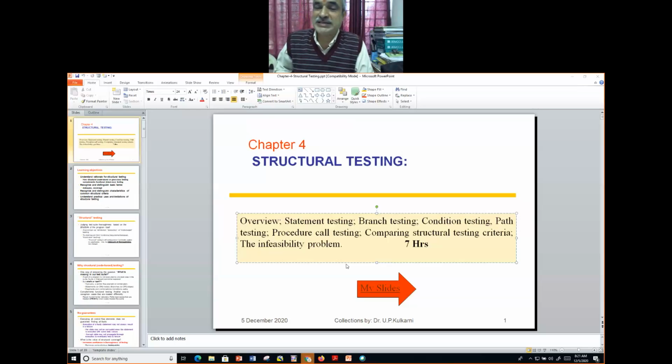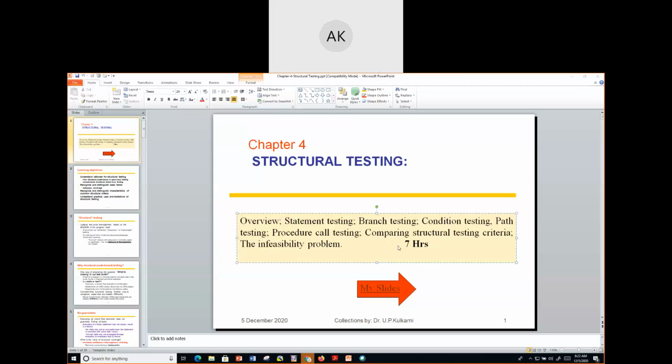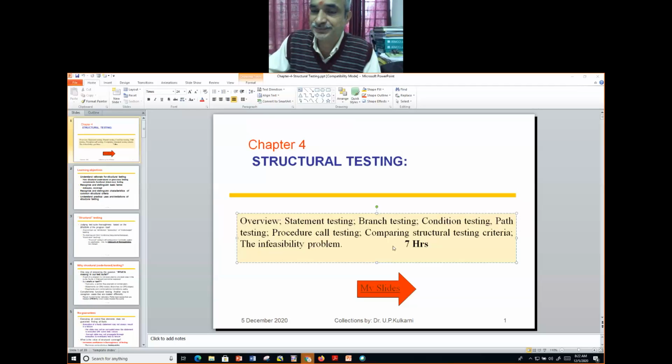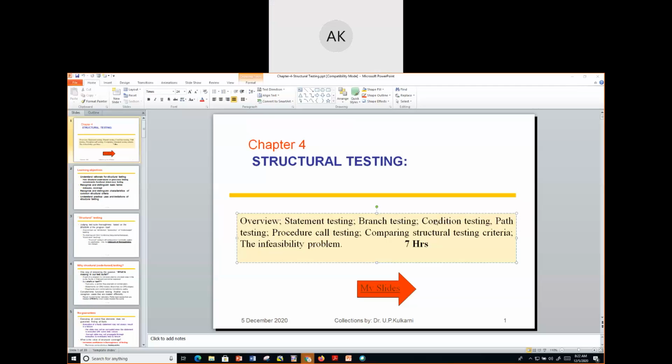What is a test case? I have already told you, it is in the form of a table. All input combinations which will execute that particular path and cover that path. Like that, all paths should be covered for different inputs. These are the two important things: to cover all paths, that is path testing.